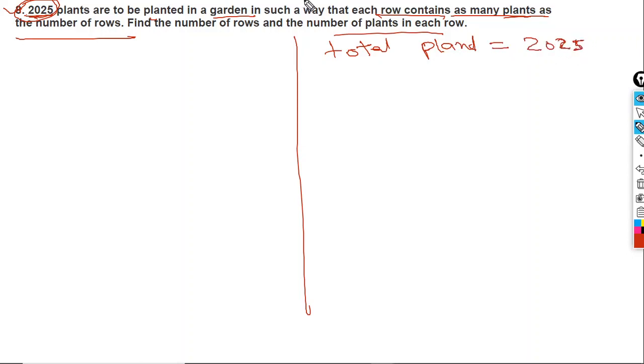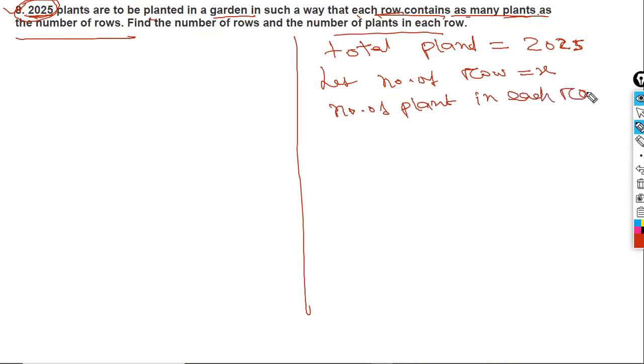Now this is the most important statement: each row contains as many plants as the number of rows. That means the number of plants in each row is equal to the number of rows. So let the number of rows equal x, then the number of plants in each row is also x.